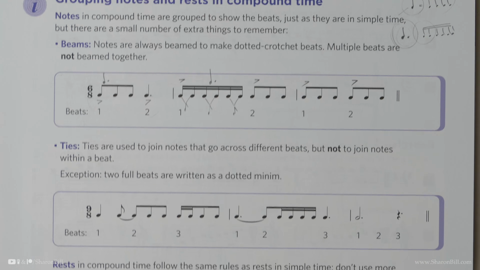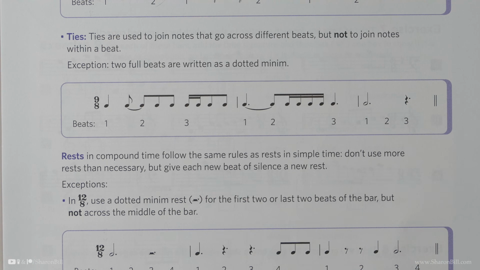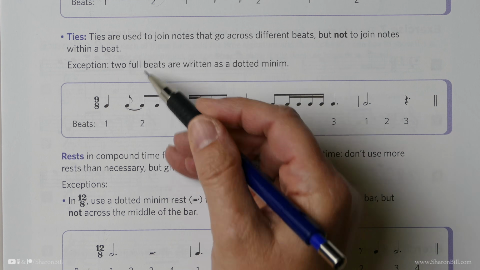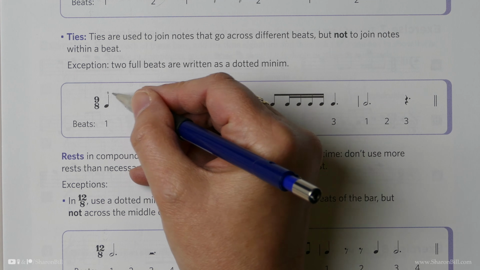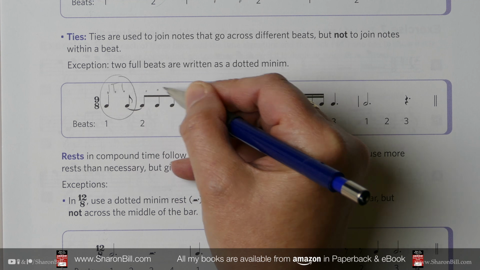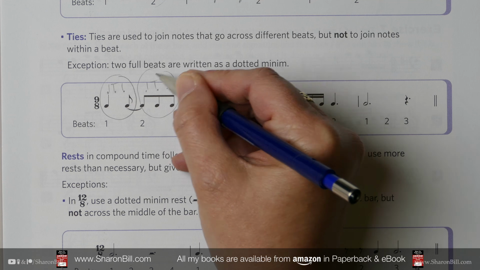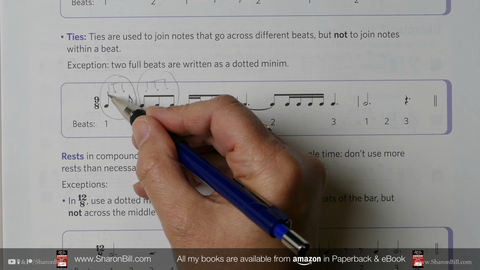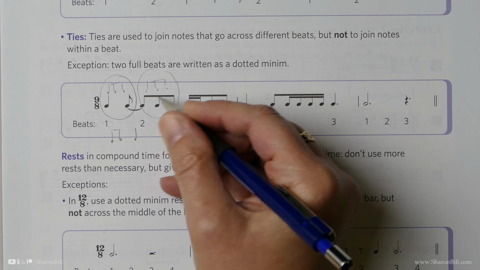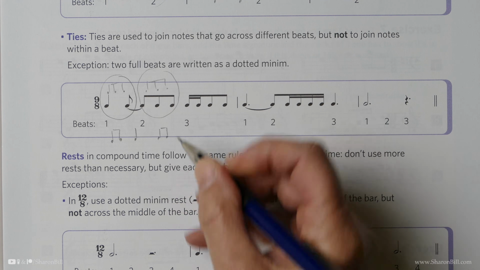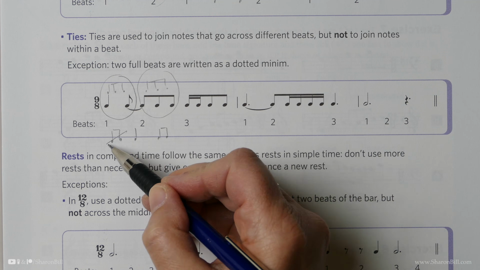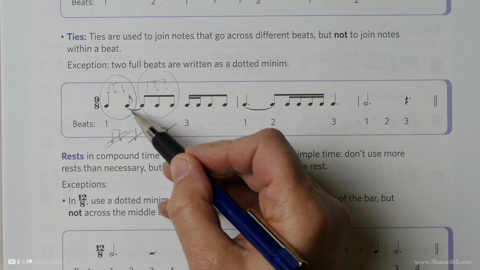So we do need to use ties, because, for example, here we could not write this as a crotchet, because we need to show 1, 2, 3. 1, 2, 3. The beam must start to show. We could not write quaver, quaver, crotchet, quaver, quaver, because we see suddenly that's moved us into simple time, whereas we need to show we're in compound time.